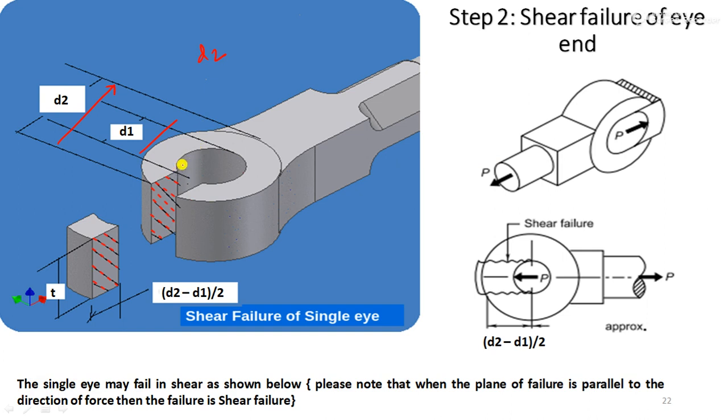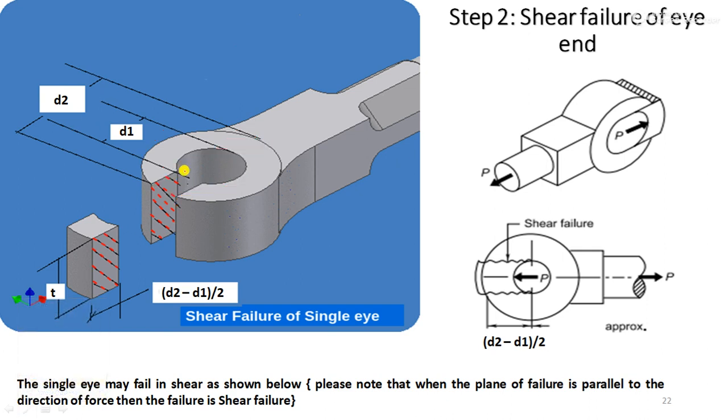Obviously d2 minus d1 will give you this plus this. But I only want this, half of this. This 1 plus this 2 is nothing but d2 minus d1. If I want only half, I will take d2 minus d1 by 2, because I just want this much.